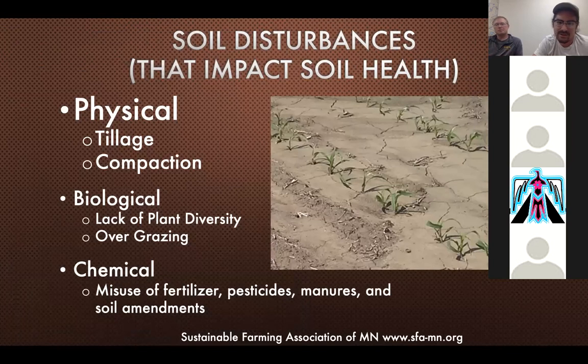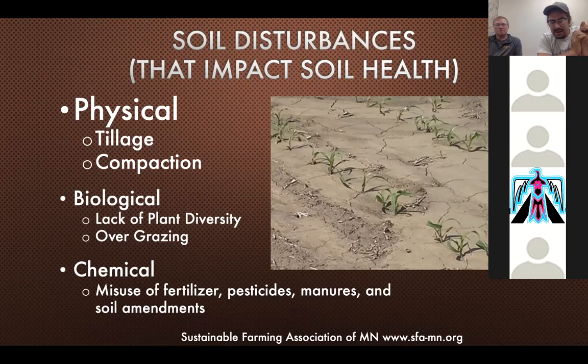Physical, like over tilling and compacting. You don't want to step in your beds too much. Most of us know this, but if you've got too many animals running over your tilled soil, that's going to create some compaction, not giving enough pore space for those microbes to live.